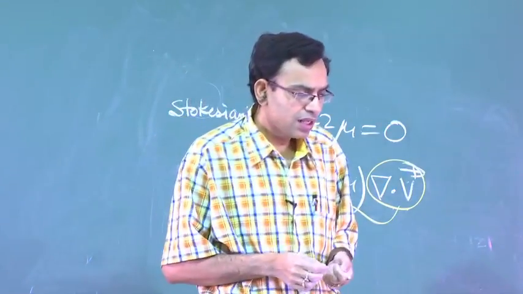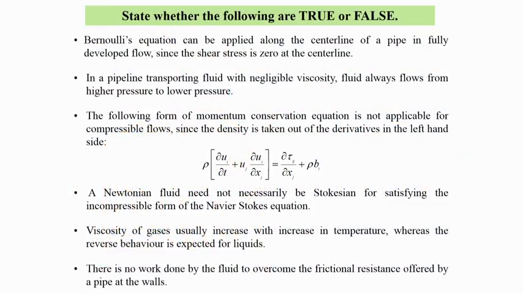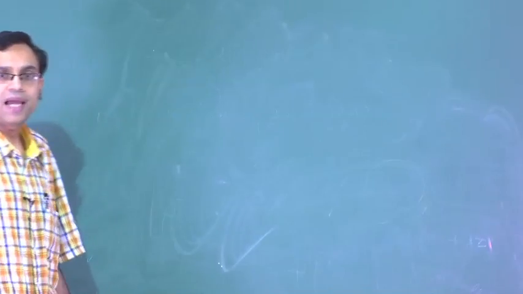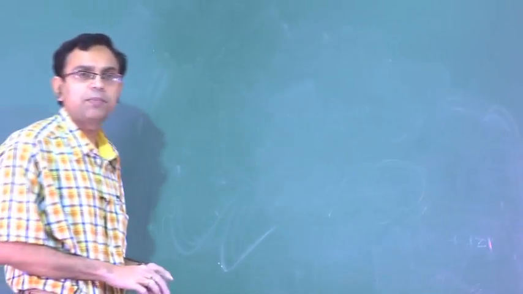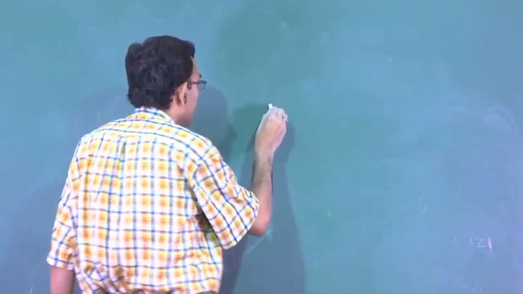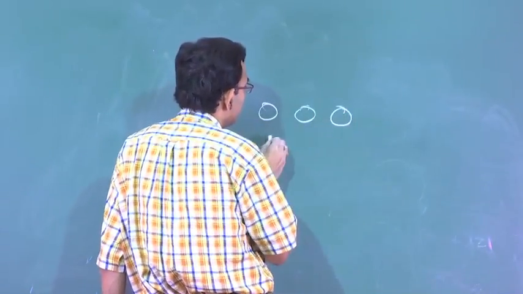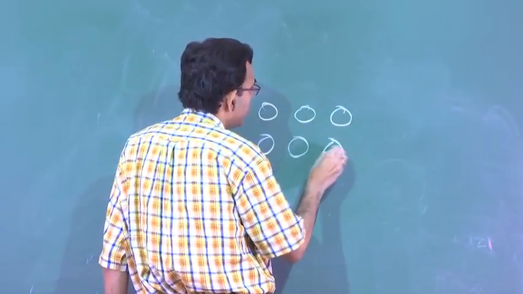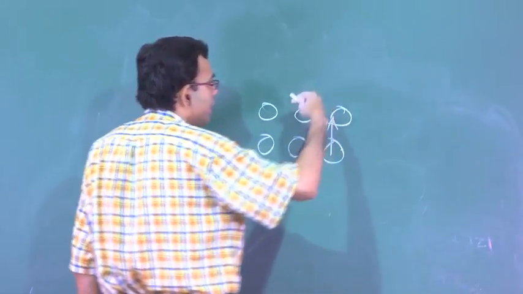We will take a couple more questions which are there on the screen. Viscosity of gases usually increases with increase in temperature, whereas the reverse behavior is expected for liquids. So, viscosity of gas will increase with increase in temperature, because for gas the viscosity is primarily attributed to the transfer of molecular momentum across layers.